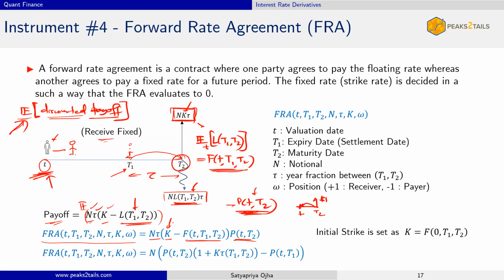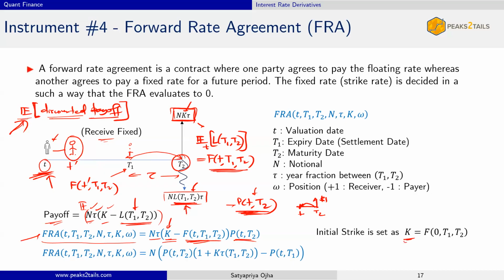And then later when the floating rate evolves, when you move forward in time, your expectation of L will change. Your new expectation will be F(t', T1, T2). Accordingly, the value will get updated. So whoever wins will gain money. So at inception, the value is 0. If it is 0, then K is simply this.